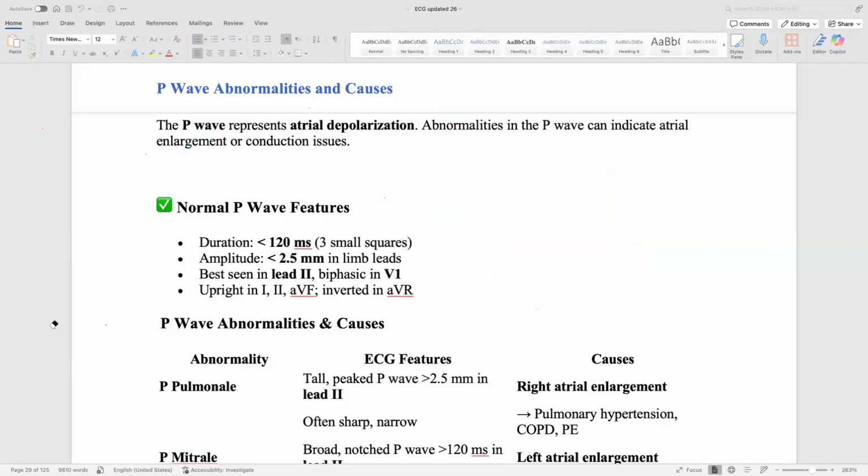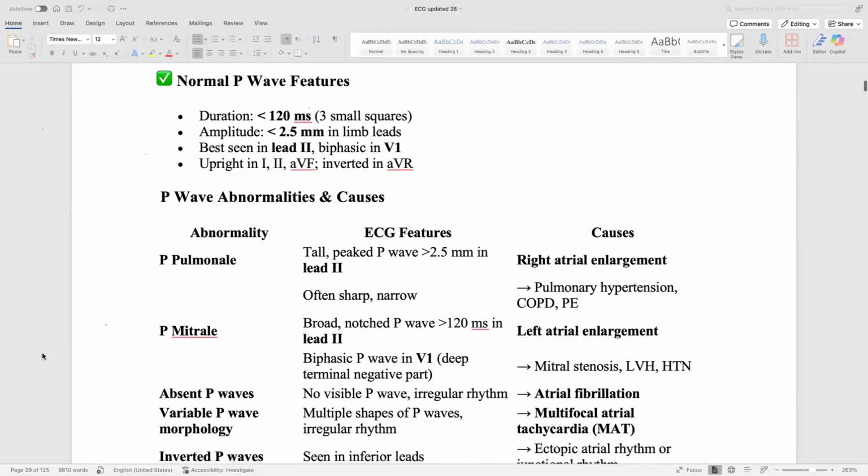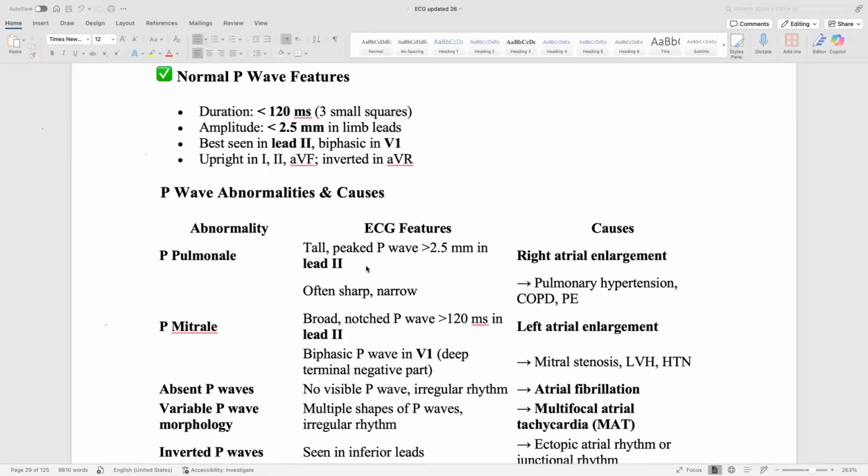What if it is abnormal? What if it is larger than 2.5 mm? That means the atrium is large, especially the right atrium, because there is too much electricity there.